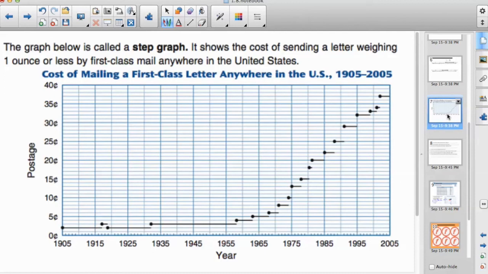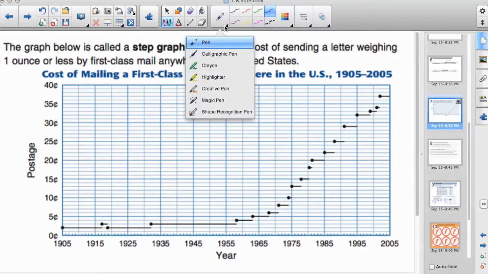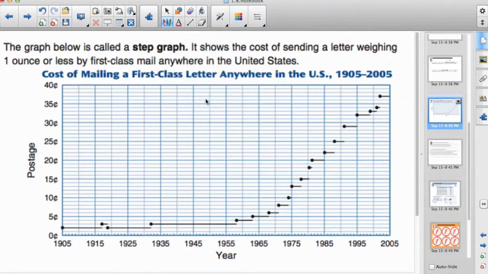If there were a broken line graph, you might assume that there is a gradual increase from, for instance, 1985 until this new price increase, which occurred in 1988. Instead, at the end of 1988, we saw an immediate jump in the price of postage to 25 cents.